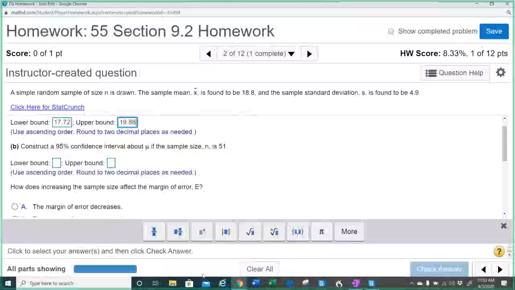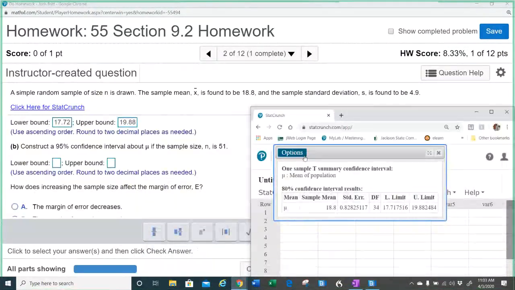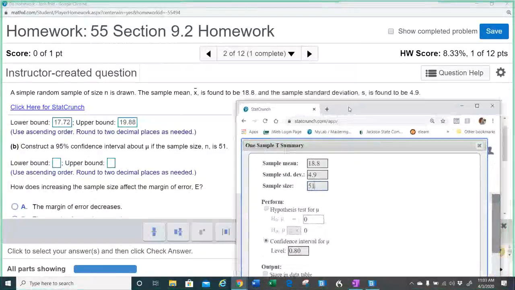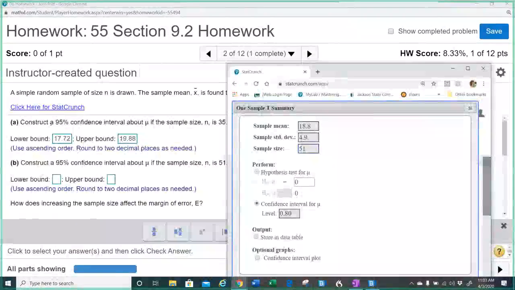All right, and then we'll change a couple things here. So sample size now goes to 51. Let's make sure we got our confidence. I think we need to go back. This is 95% confident. So let's go back here and change this to 95 and change our sample size to 35.